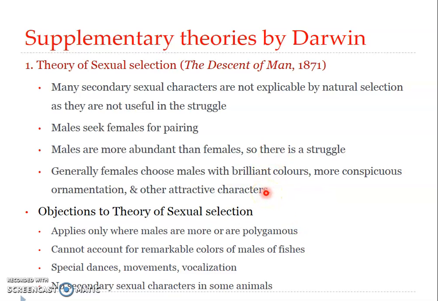Now, secondly, sexual selection cannot account for the remarkable colors of males in most fishes. In many fishes during the breeding season, they develop coloration. But the females may not even see the males which fertilize the already laid eggs. In many species, the females lay eggs in a particular place during the breeding time and then leave the vicinity, and the males come over and fertilize the eggs.